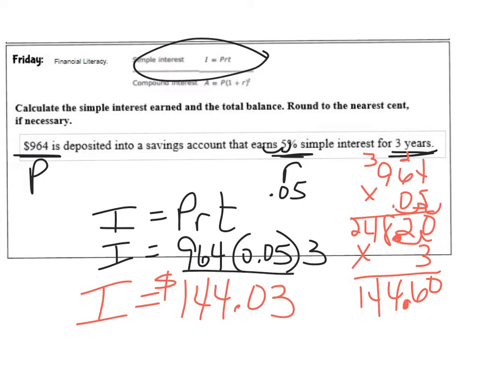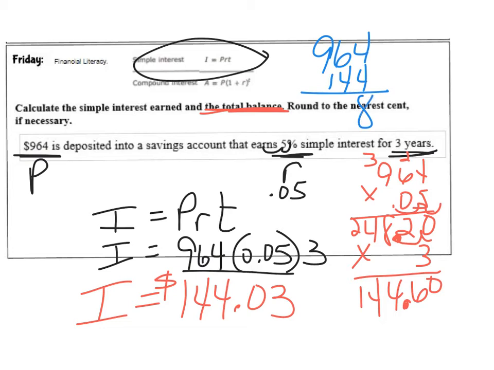So you have the interest. Now it's saying to calculate the total balance. So what would I need to do in order to find the total balance? The principal plus the interest, maybe? Okay. So what you do is you add 964 plus 144.03.